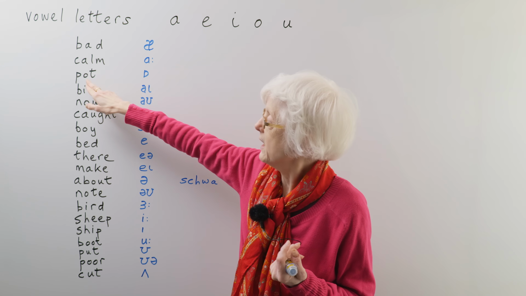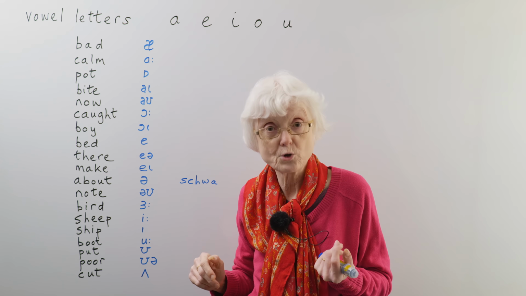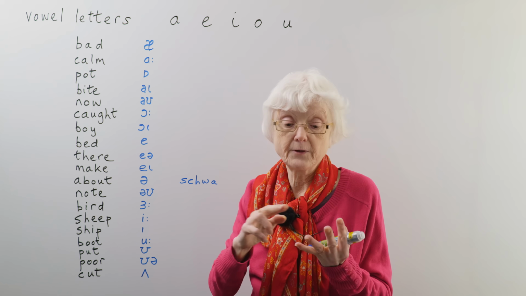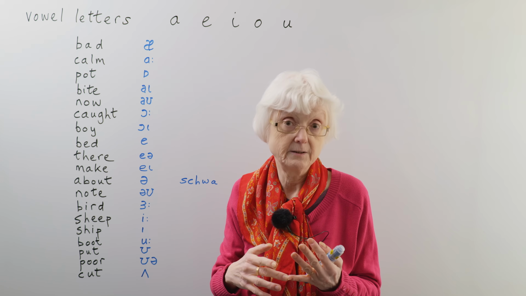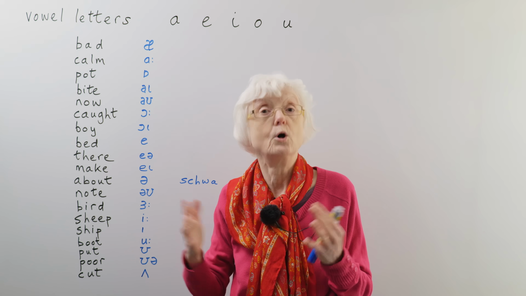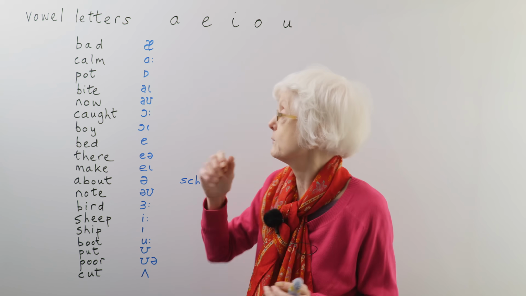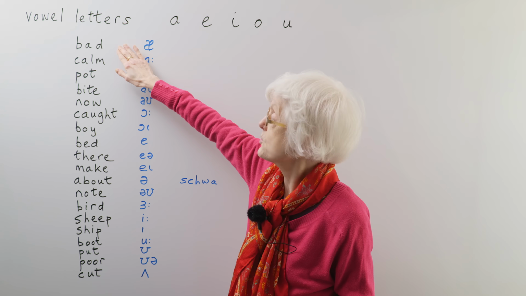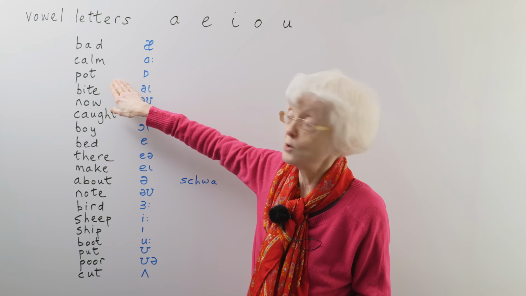And then we have an O here, which is pot. So it's a short o. The thing about English vowel sounds, they're usually either short or long. So we have short and long vowel sounds. So a is short, ar is long, o is short.